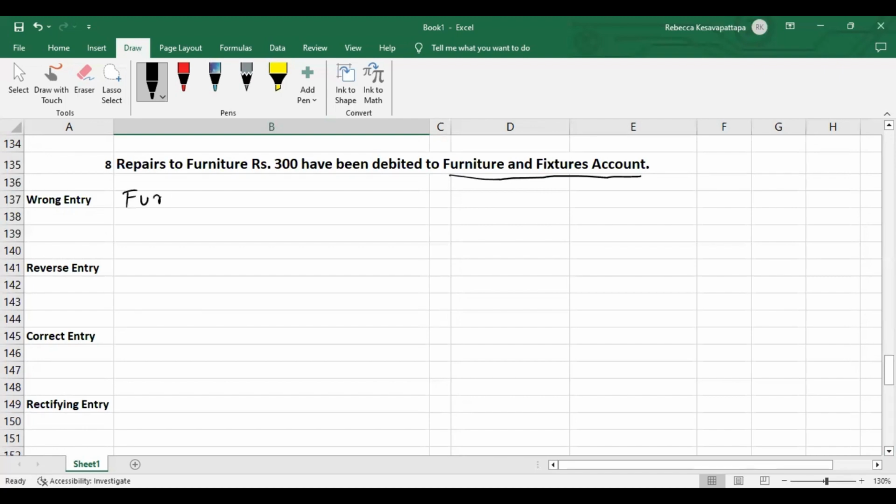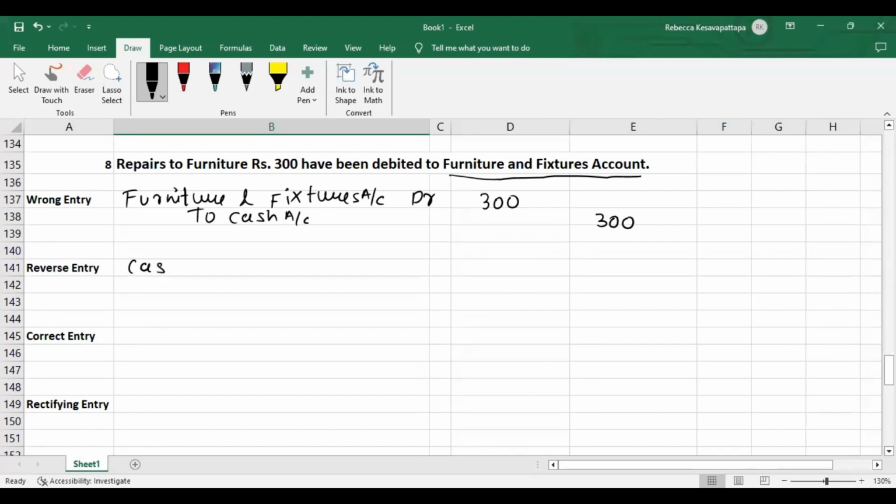So what is the wrong entry? Wrong entry is furniture and fixtures account debited with 300 to cash account. One is going out, 300.